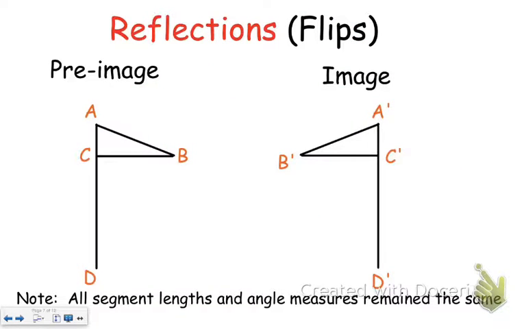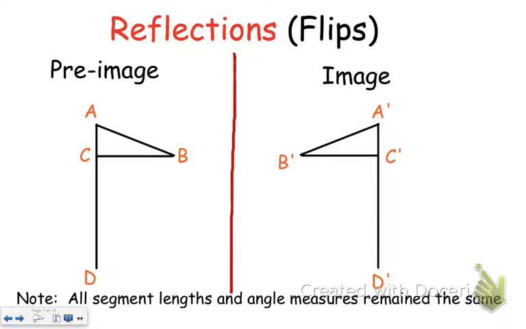Okay, and in example number 3, we have our first example of a reflection or a flip over a line. So if we were to draw the line of symmetry, or the line in which this flag ABCD was flipped or reflected over, it would be a vertical line going evenly between these 2 images.